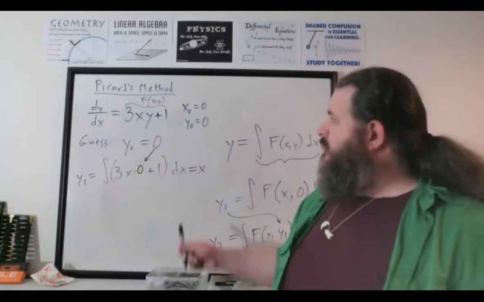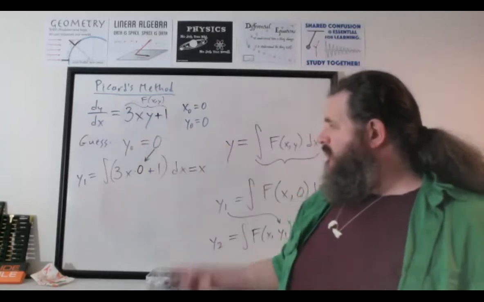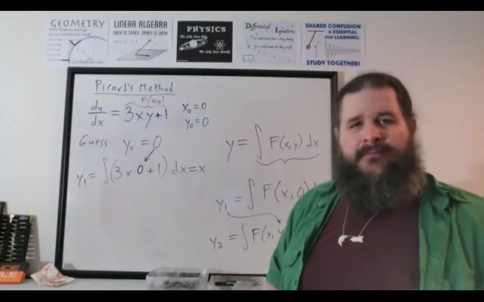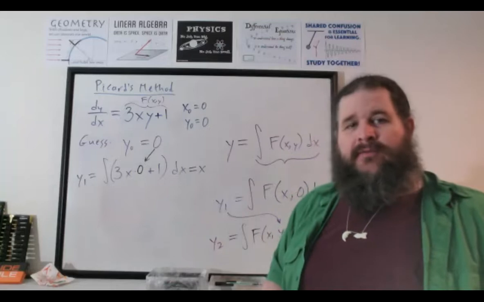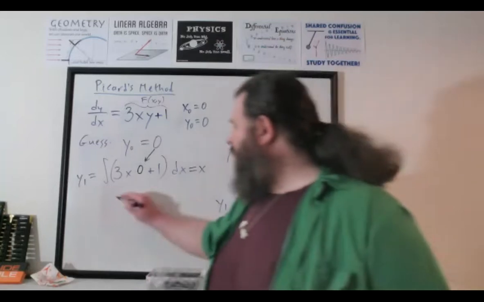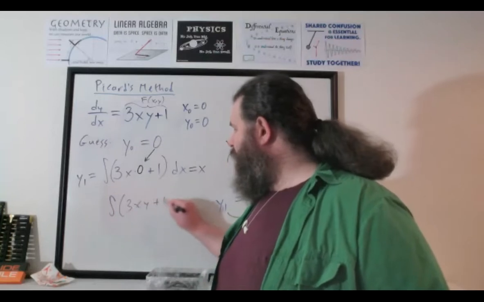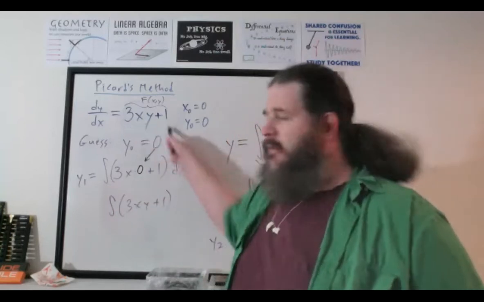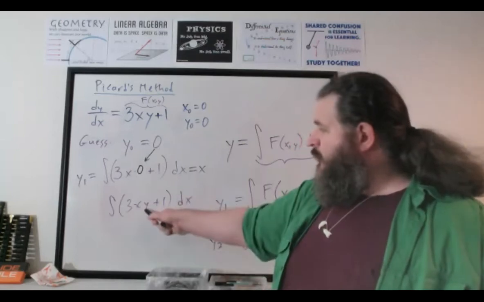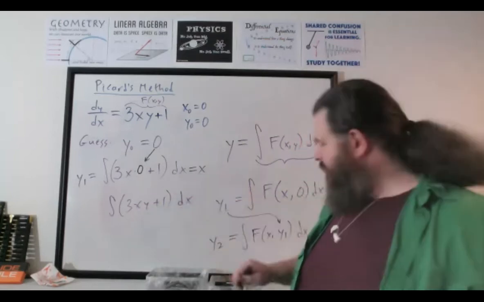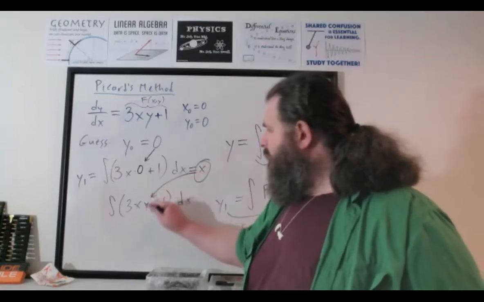And of course, that's not a solution either. You plug in x here, you get 3x squared plus 1, which is not the same as the derivative of x at all. But we can use that as our starting point for the next step. We write out that same 3xy plus 1 from our original differential equation, integrating it, but we replace y with our previous best guess.